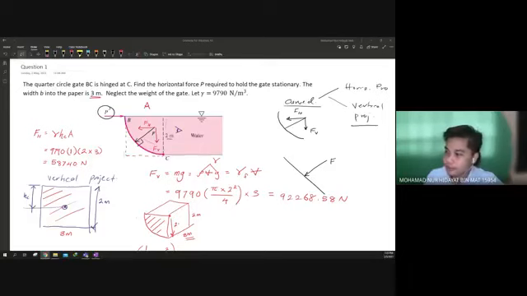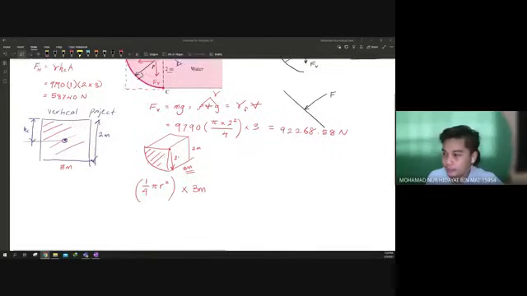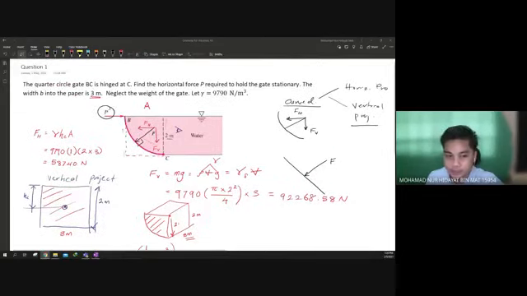Okay. So from here, we need to find the force P. So how to get the force P? We need to apply the moment. Okay, summation of moment at point C. You know already at point B and C we have the reaction force. Why do we have the reaction force? Because we have the hinge. Can you see?